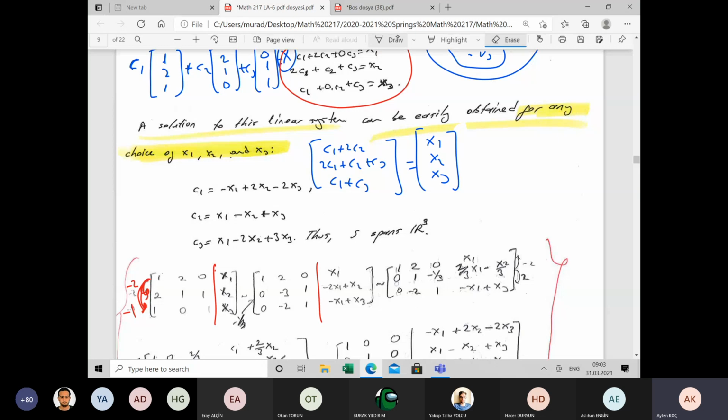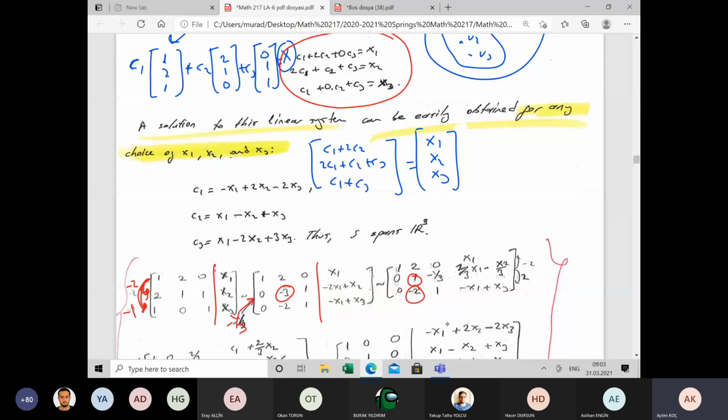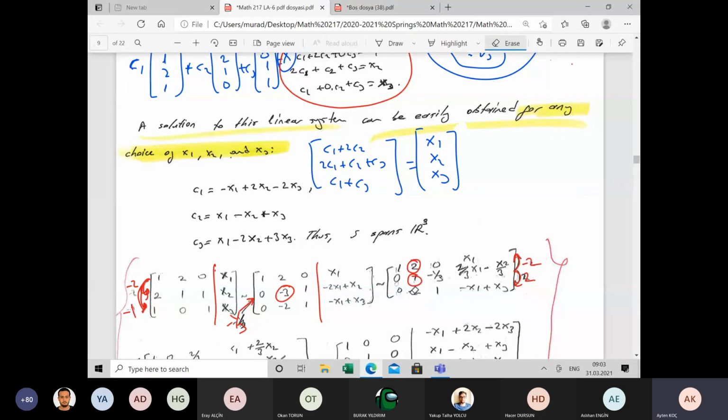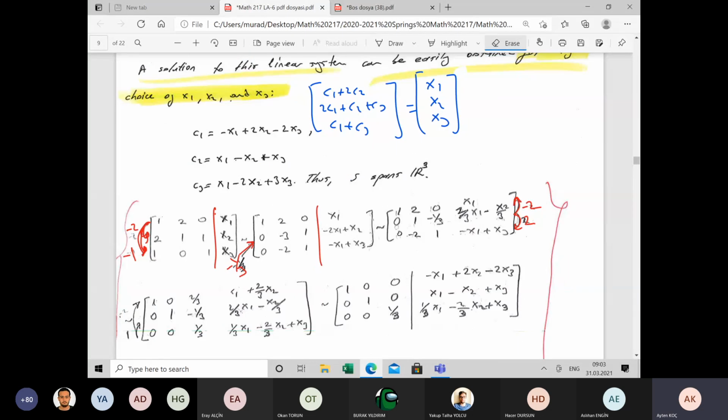To get 1 here, we have to multiply by -1 over 3, and then we get 1 here. And the next one, to get 0 here, multiply by 2. And also to get 2 here, it is easy, multiply by -2. And then we get 0, 1, 0 here.